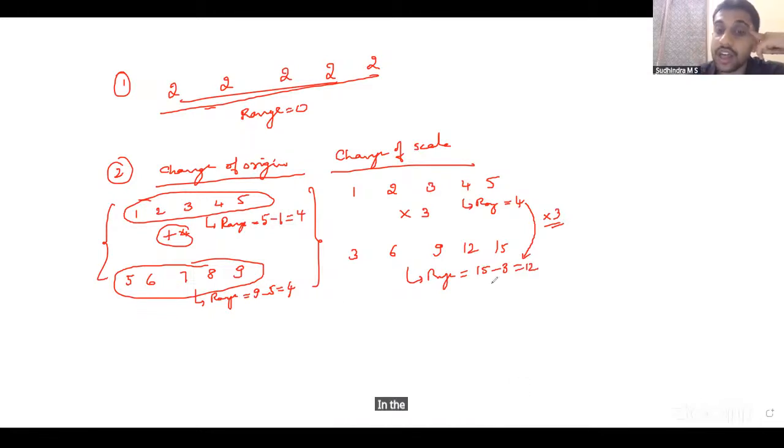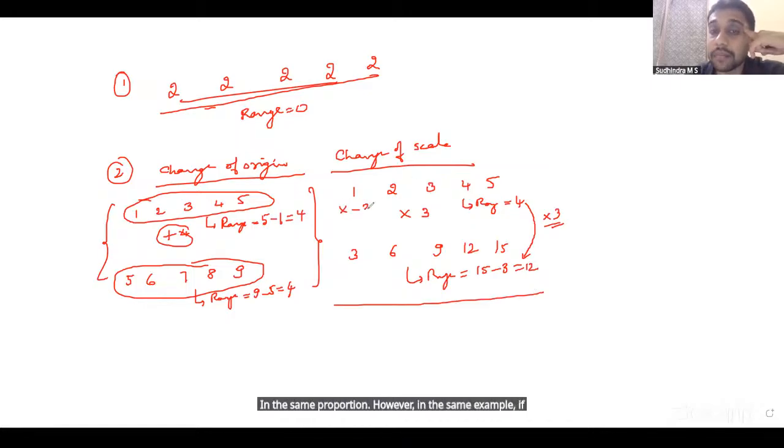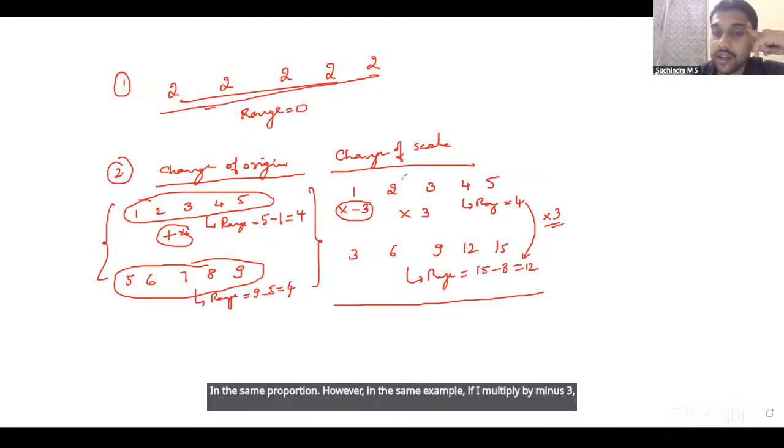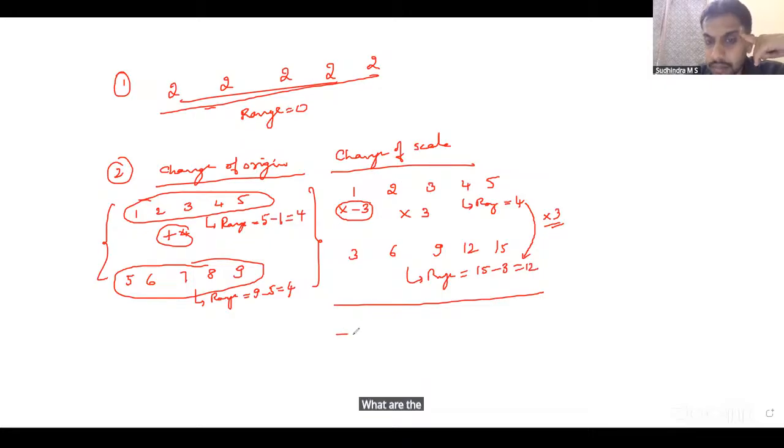However, in the same example, if I multiply by minus 3, the numbers I get are minus 3, minus 6, minus 9, minus 12, minus 15. What is the range here?